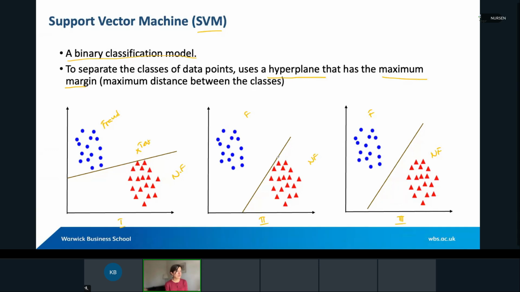If we are close to one side, we can easily make mistakes in the prediction. But if we are far away from both sides, as in this case, then we are safer. That is why linear separators, during model training, generally look for the separation which is far away from both classes. This is called maximum margin.